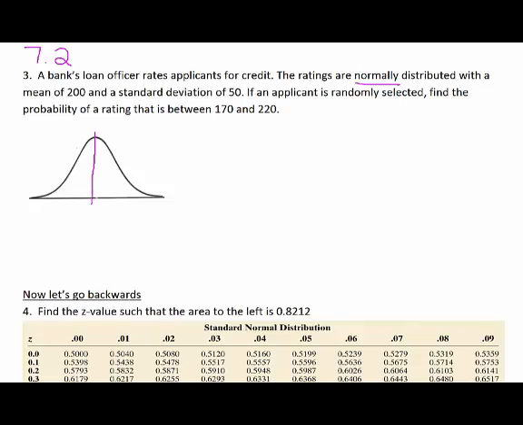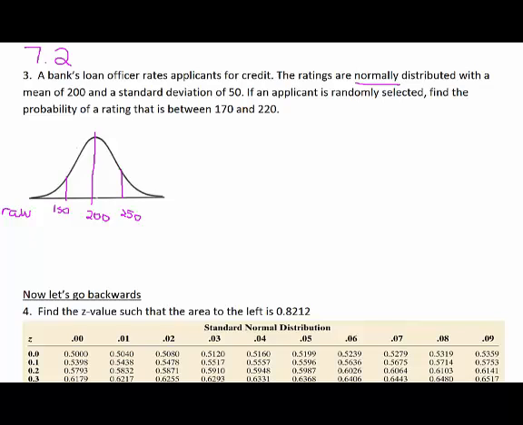This is going to be my raw data, and I always like to put the z data underneath. So this is 200. First standard deviation is 50, so this is going to be at 250. And then this standard deviation this way is going to be at 150.